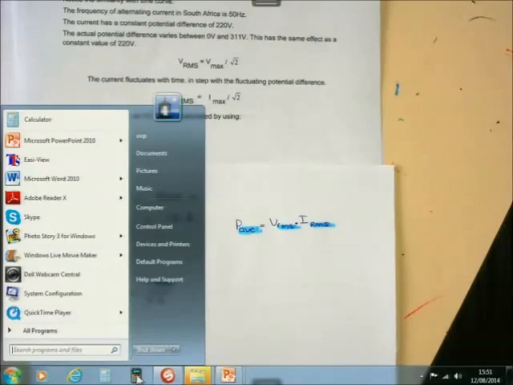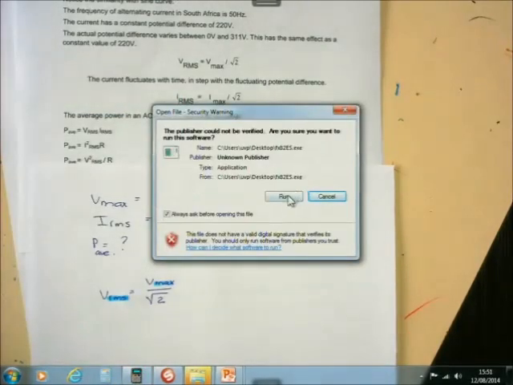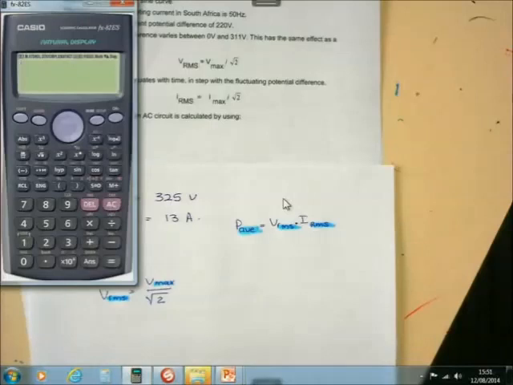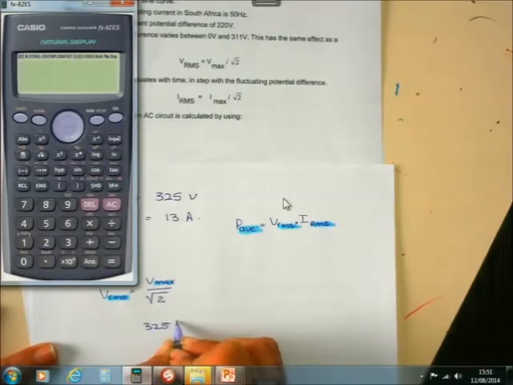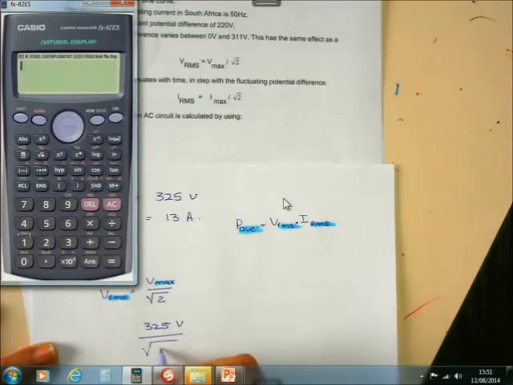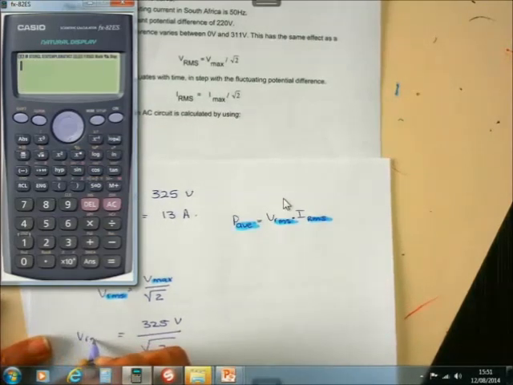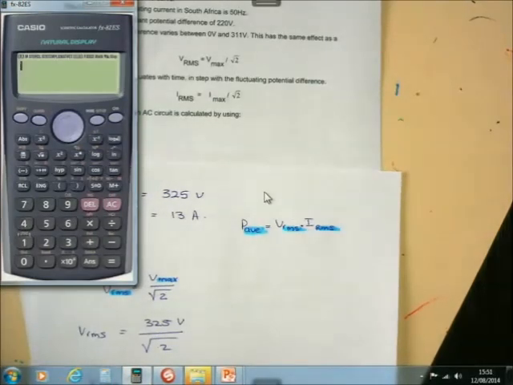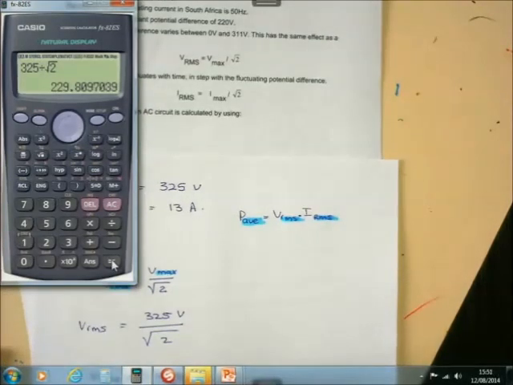Right, now let's quickly go and see. Let's quickly find the calculator. So, VRMS is equal to Vmax, 325 volts, over the square root of 2. So, 325 divided by the square root of 2 is equal to 229.81 volts.